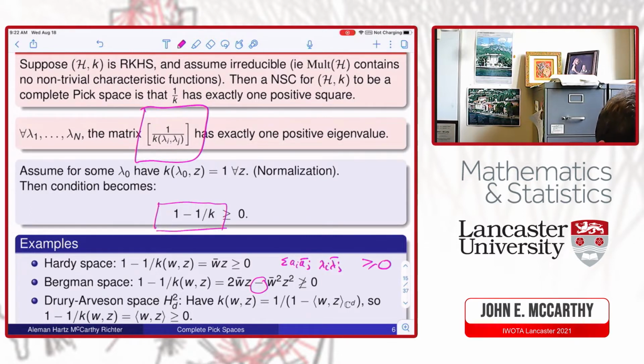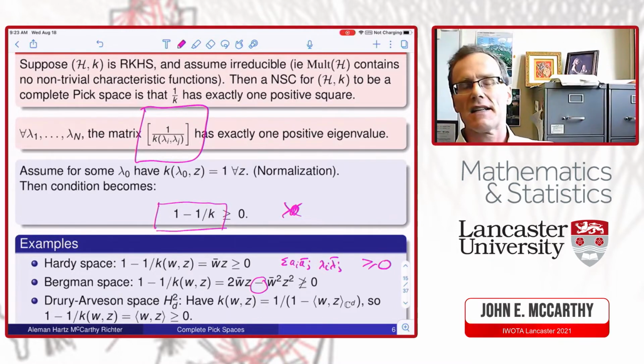And I apply the McCullough-Quiggin theorem. I ask for this condition here. 1 minus 1 over K is just the inner product of w with z, and again, that's manifestly greater than or equal to 0. So the Drury-Arveson space for every d has the complete Pick property.